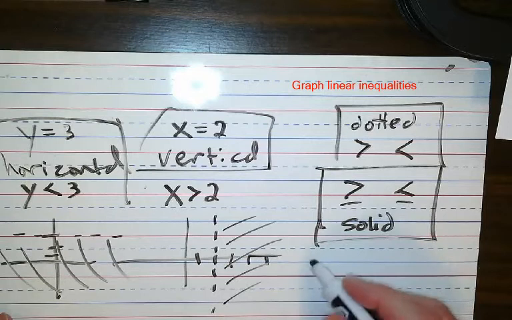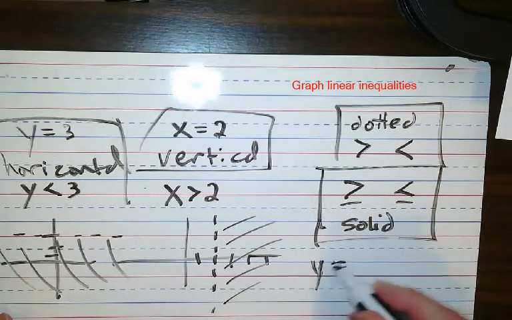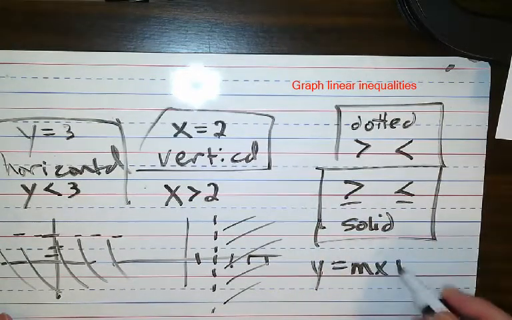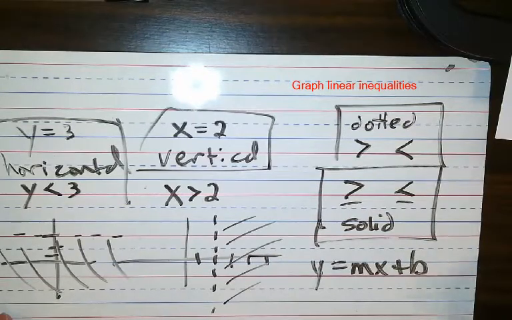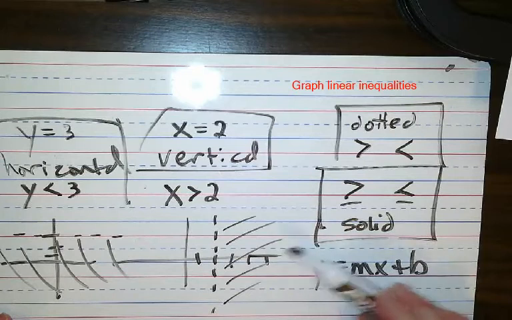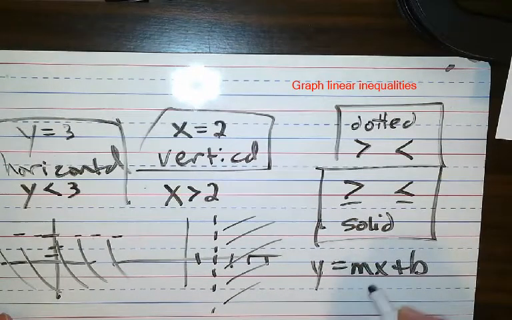If it looks like this, then it has to be a slanted line. It's called oblique in math. It's an oblique line, right? So remember, the slope is always a fraction. The slope tells you how far up to go and or down.